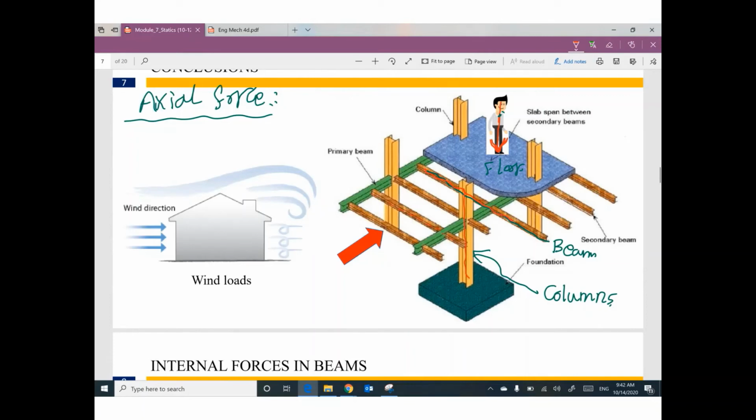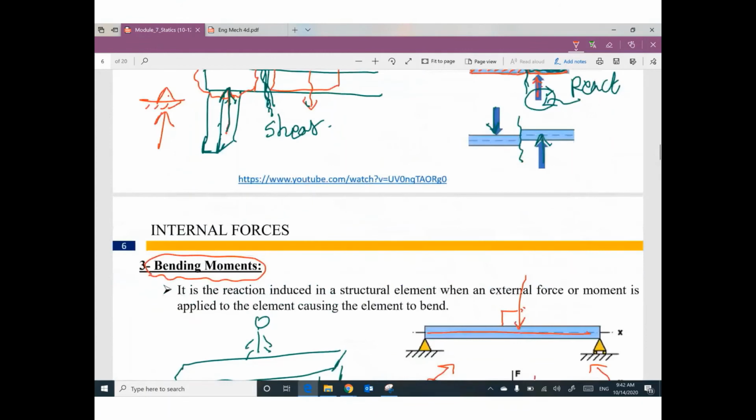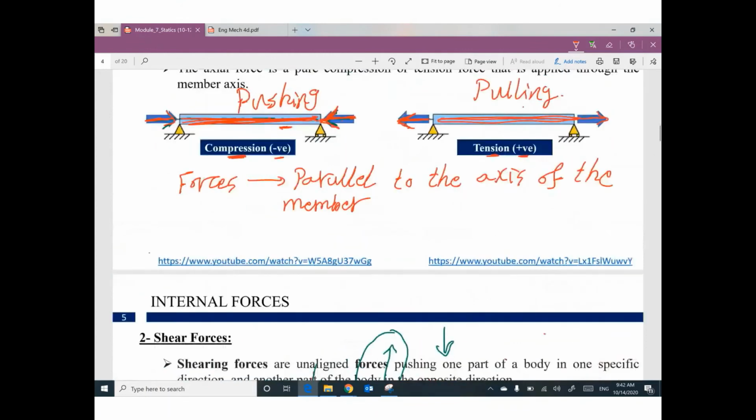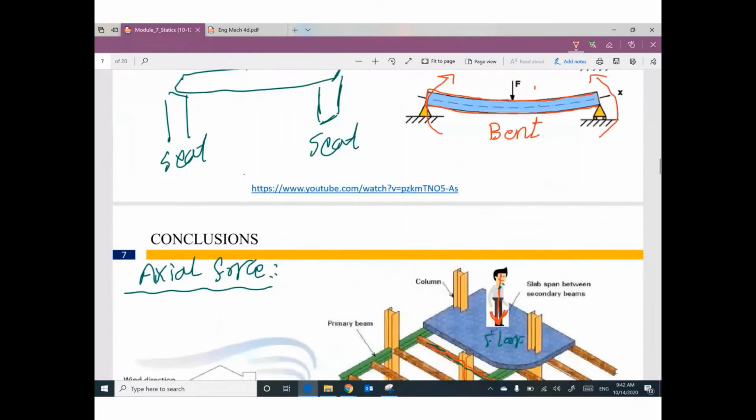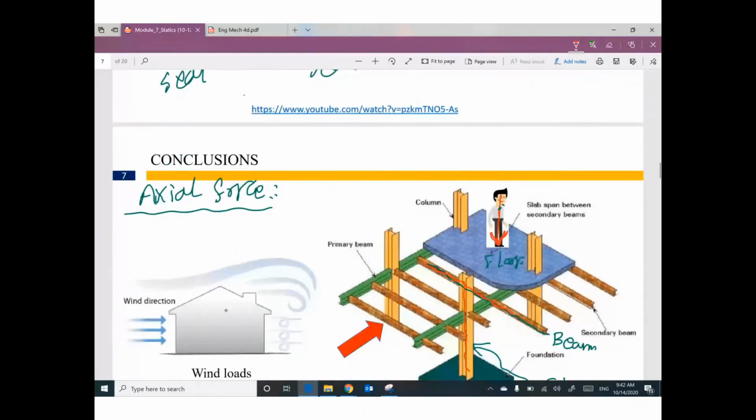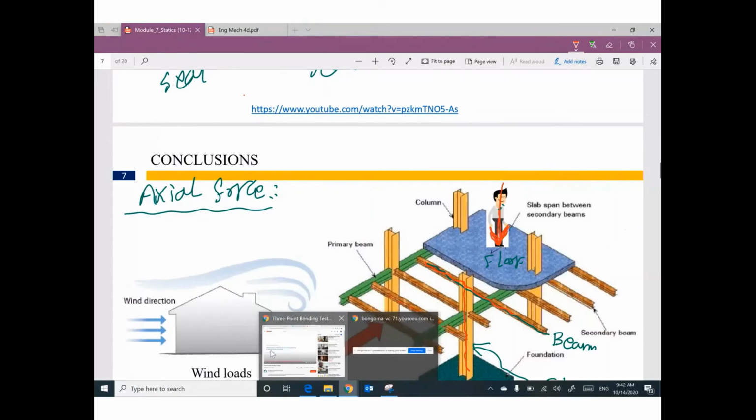Go back and ask yourself, which force causes axial force? The force parallel to the member. Your force is a vertical force. So this vertical force is parallel to which part of this structure? Columns.